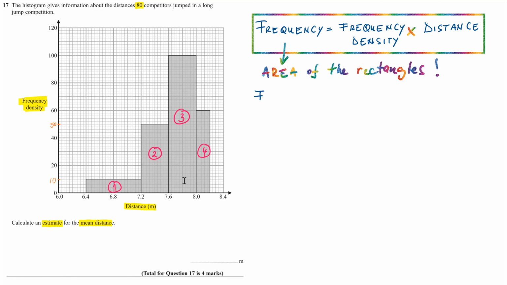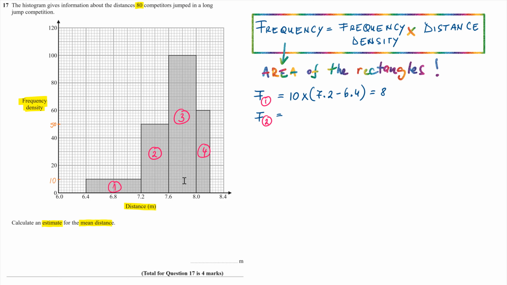The frequency of the first section is 10 times 7.2 minus 6.4. This is 8, where the 10 represents the frequency density and 7.2 is the upper bound and 6.4 is the lower bound of this section. This means that there were 8 people in the long jump competition whose result was between 6.4 and 7.2 meters.